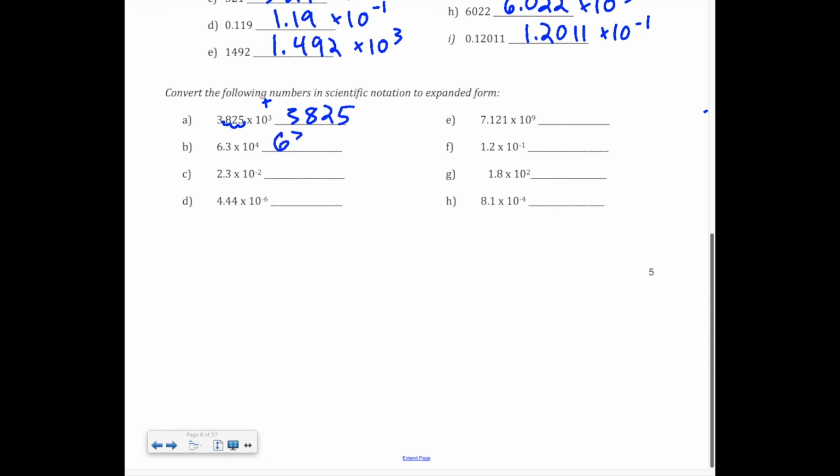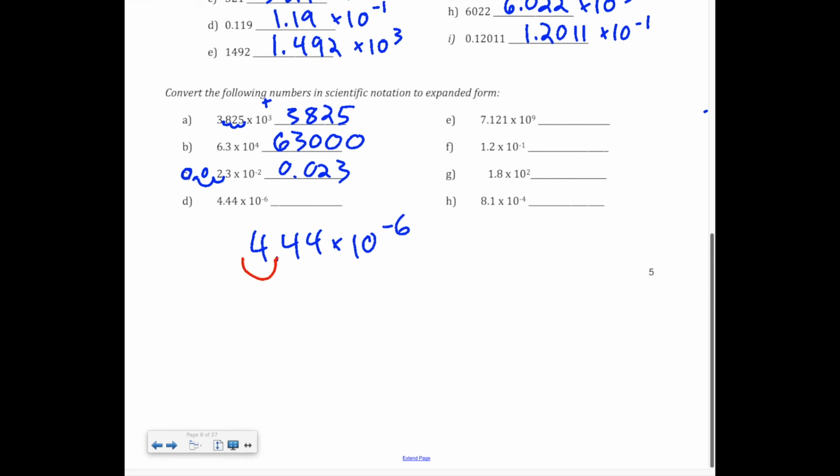And this is 6300. Okay. And then for this one, you're going to move the decimal place 2 places. So that's the decimal. So it's going to be 0.023. I still have to do this way. For 4.44 times 10 to the minus 6, I'm going to take the decimal.